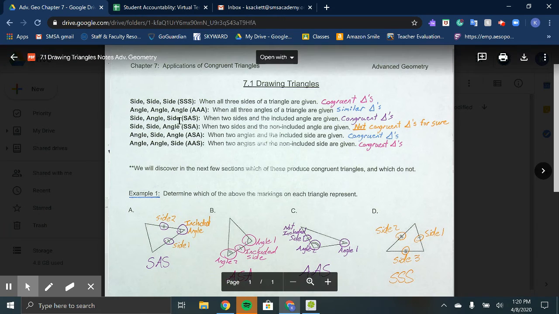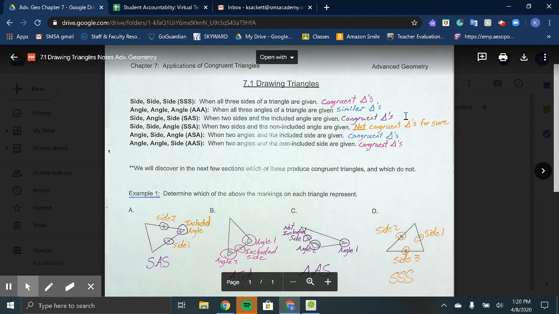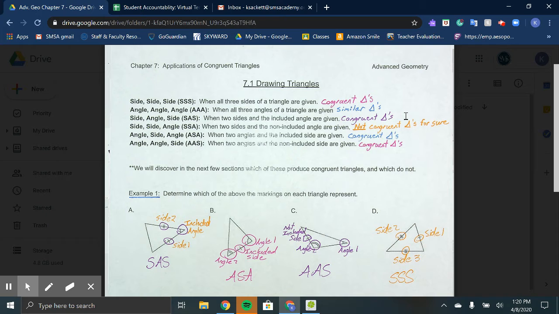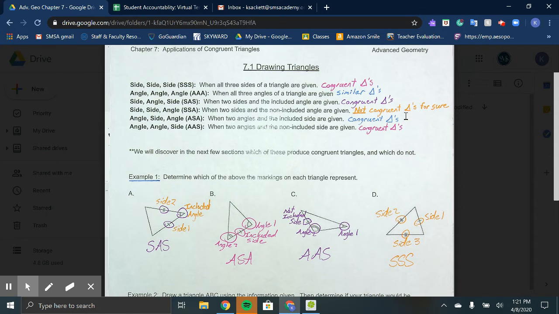Anytime we're given side, angle, side, where you know the two sides and the included angle, that would always result in congruent triangles being created. The next one we have is side, side, angle, when two sides and the non-included angle are given. In this case, that does not have to result in congruent triangles.